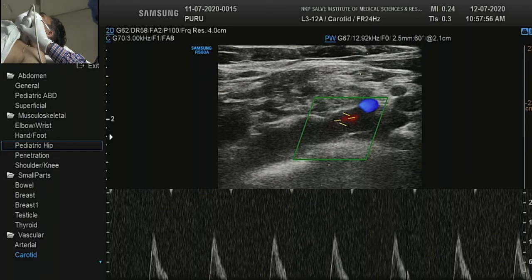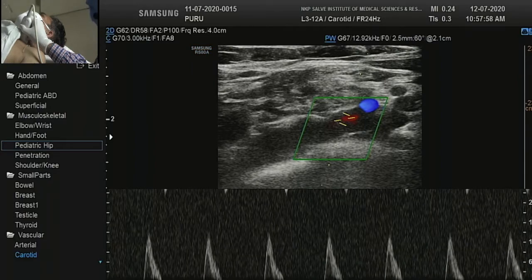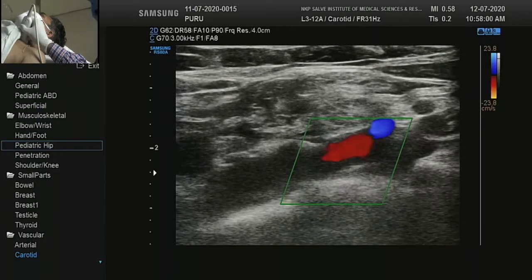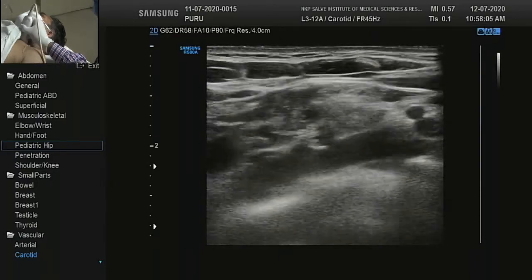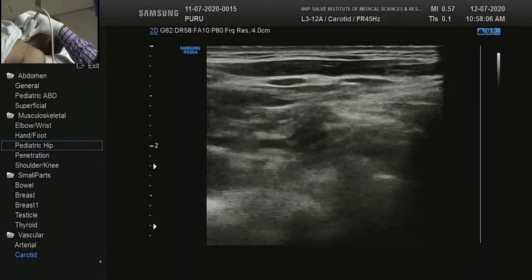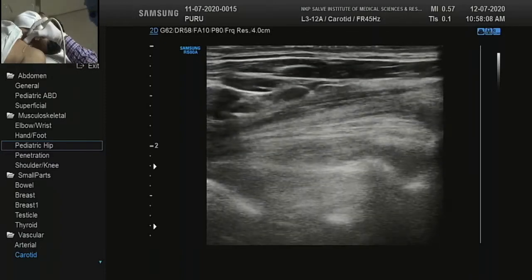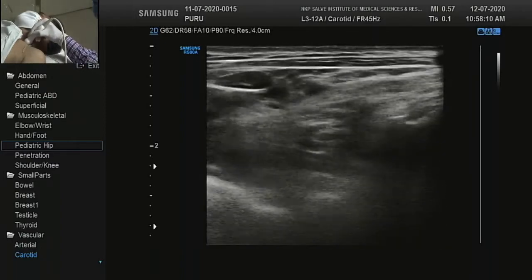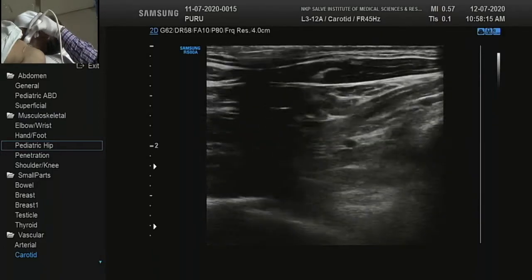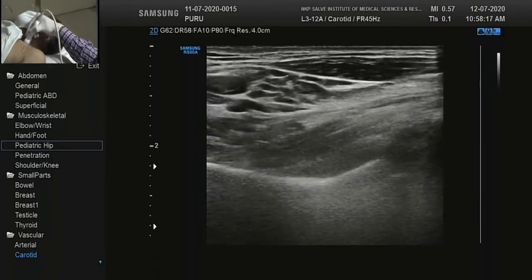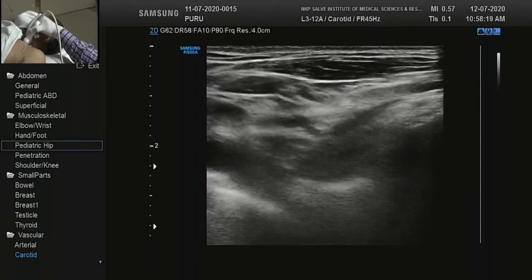So this is the spectrum in the subclavian artery. This is the proximal subclavian artery we are seeing. If you make a transverse section here, that is the vertebral artery.